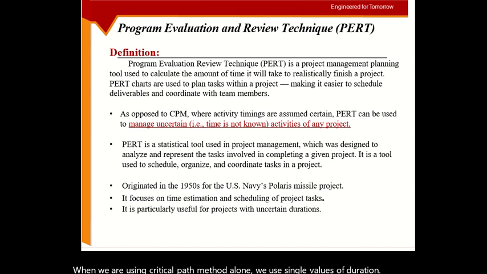When we are using PERT, we have different durations, and from those values we take the most likely duration, the most expected duration. This duration has a chance, and this duration has a chance, and this duration has a chance, but the highest chance is for this one. So this is what we pick for the analysis, but we are considering the other durations as well.